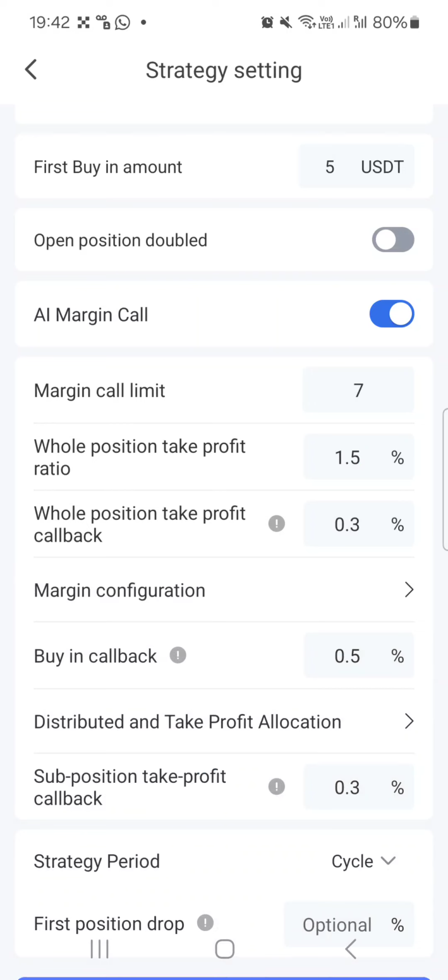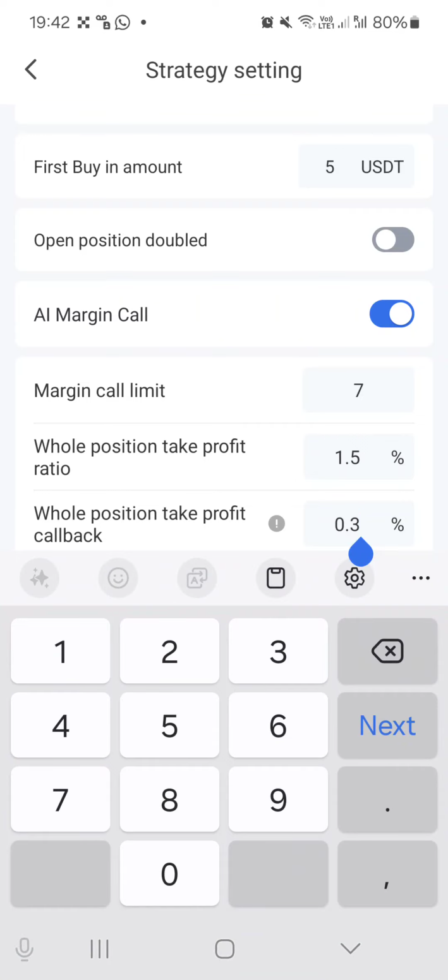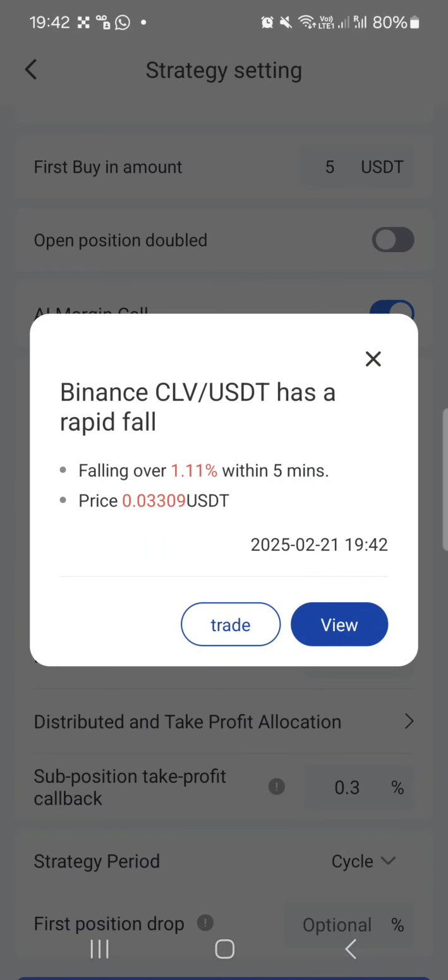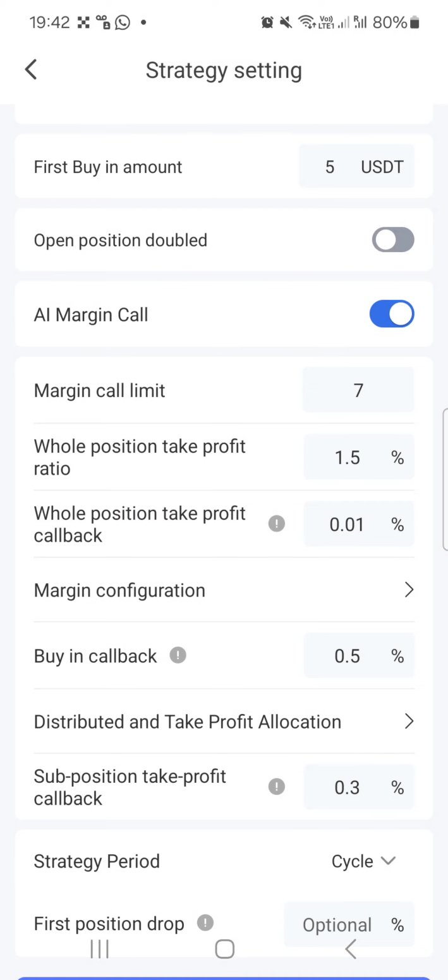Once you've done that, here we put the whole position take profit callback. That means that when the price falls by 0.3, you want your robot to sell to give you your profits. What we do is we reduce it. We put it at 0.01. Okay, that's what we do. For the buy callback, the concept is the same.